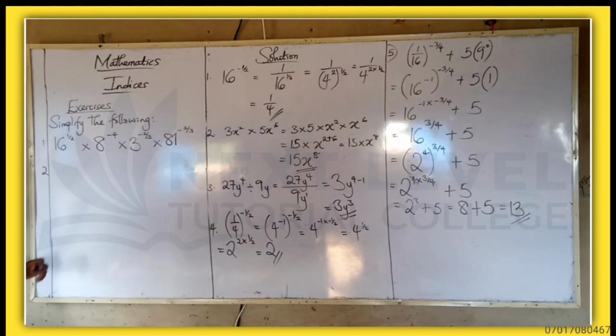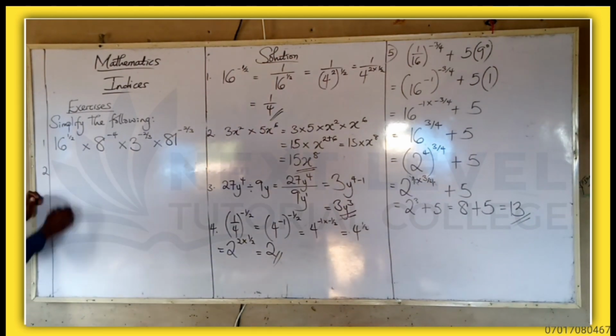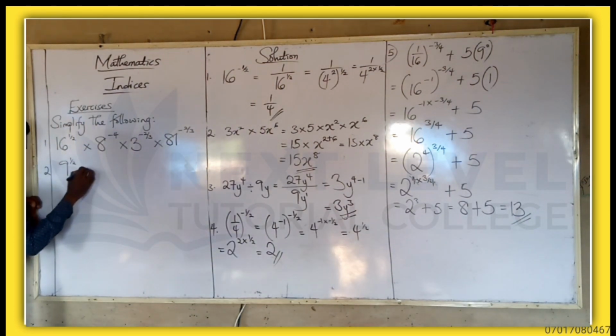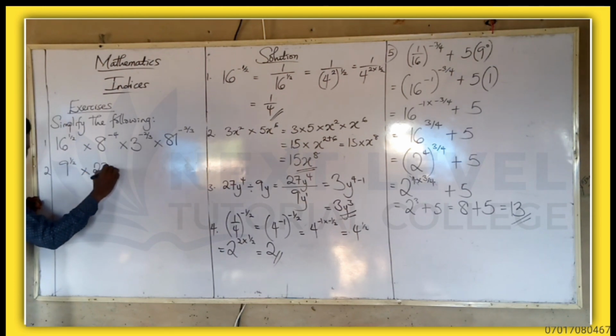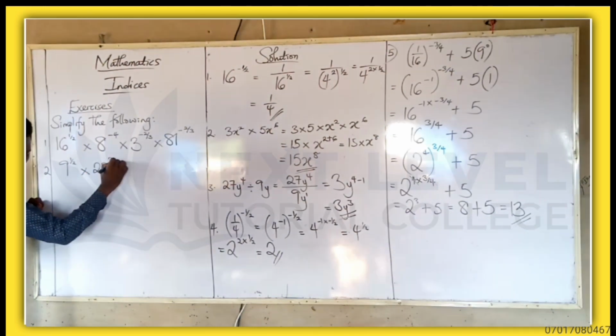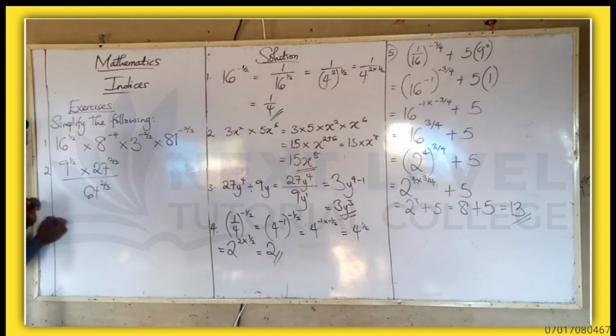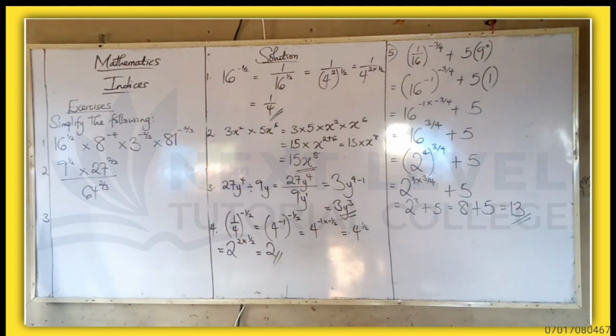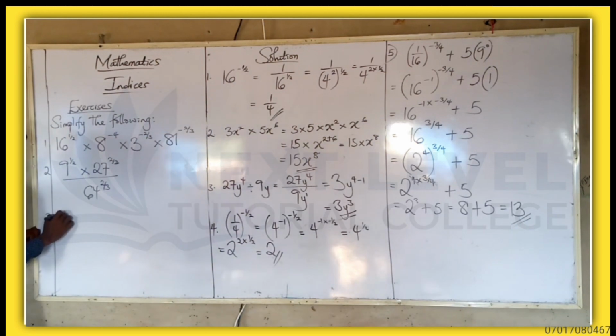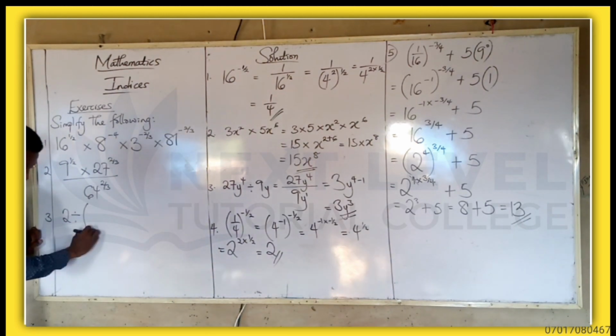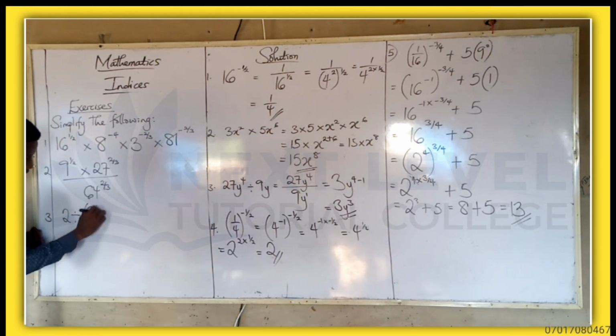Number 2, we have 9 raised to power 1 over 2 times 27 raised to power 2 over 3 divided by 64 raised to power 2 over 3. Number 3, okay, so we have 2 divided by 64 over 125 raised to power minus 2 over 3.